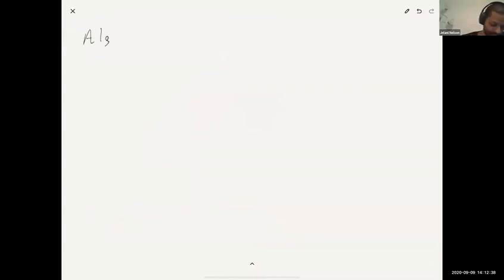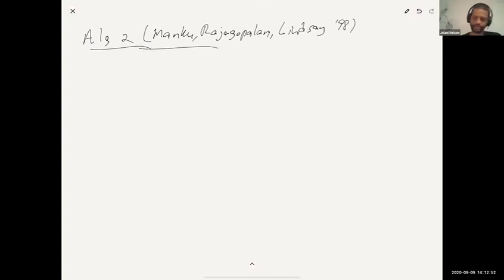So algorithm 2, and this is due to Manku, Rajagopalan, and Lindsay in 98. We're going to get space, and I should write that this is deterministic and comparison based.